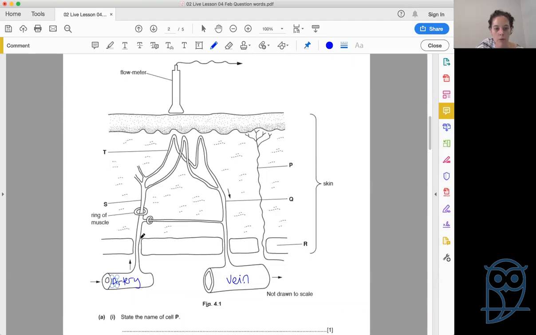Remember we go from an artery into an arteriole, into capillaries. Then the capillaries join together to form venules before we get back to the vein. And then this here is a shunt vessel.